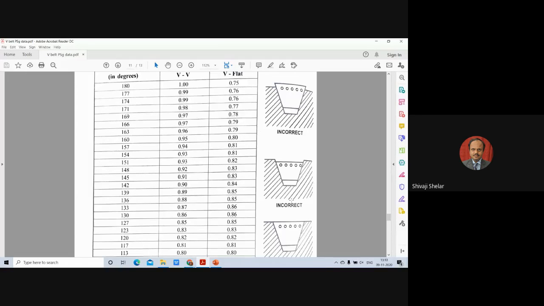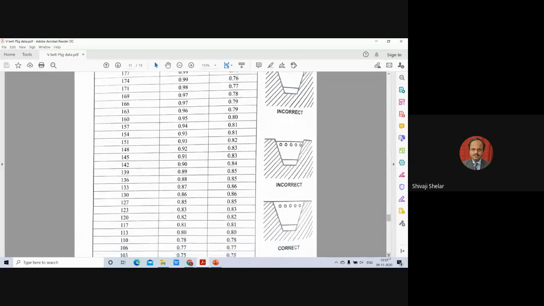Then we have another here, where the top width of the belt is below the top surface of the pulley, or there is a chance that this surface may touch this surface here. This is also incorrect belting. This is also not recommended.